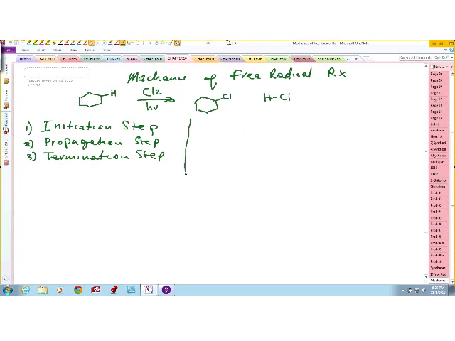Okay, so let us look at the initiation step. For the initiation step, the first thing that happens is that the chlorine molecule will undergo what we call a homolytic cleavage.